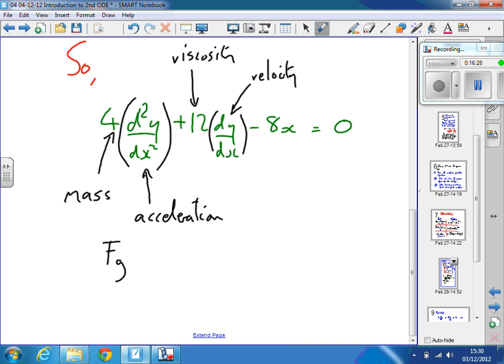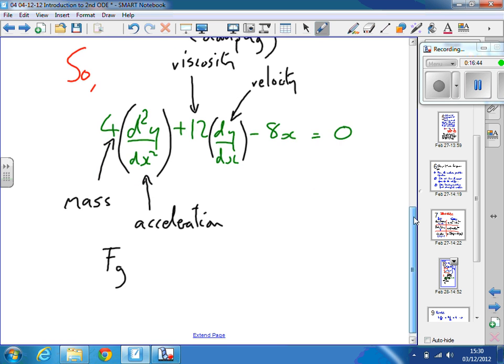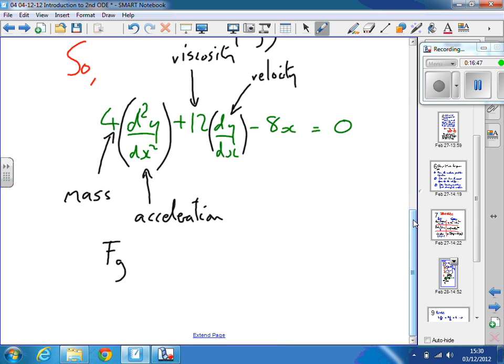So this bit of the equation is often to do with the damping effect. So this is to do with damping.